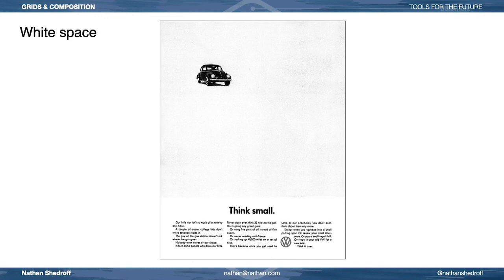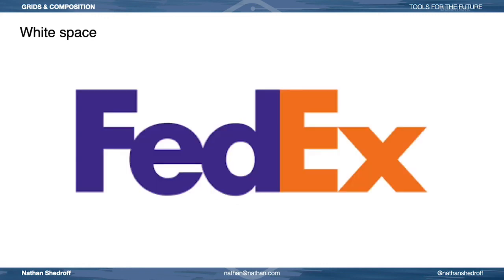You'll also see examples of white space used on business cards, for instance, where instead of filling the entire business card with text, the typeface is made smaller and the elements are arranged on the card in such a way to bring visual distinction to each part. White space is often critical in logotypes, for instance.